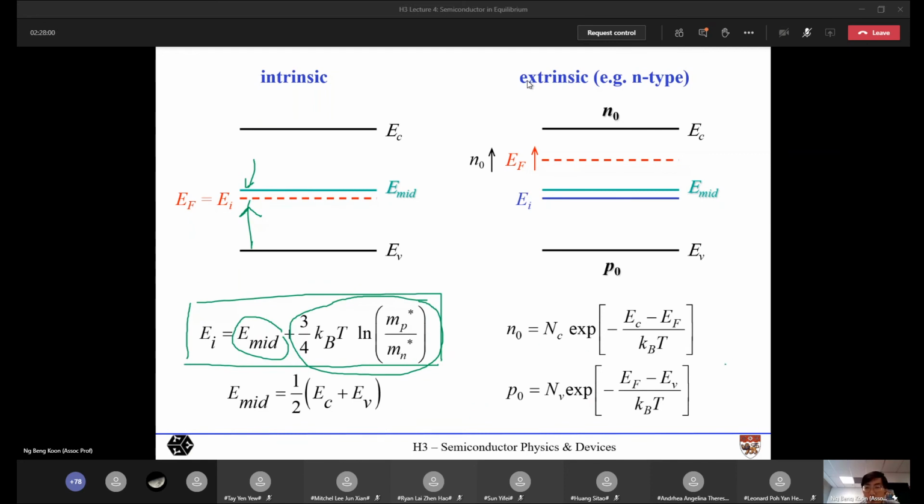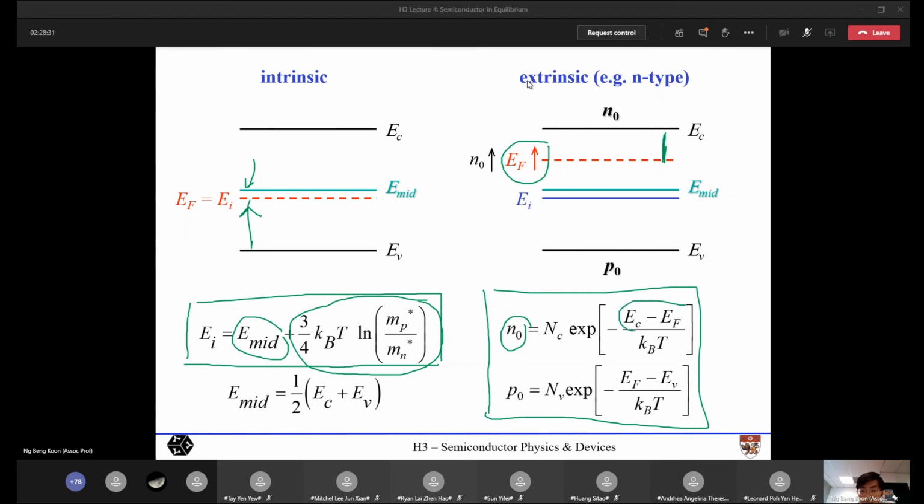With the N0 and P0 equations, these two here, we can also see how the Fermi level would affect N0. The position of the Fermi level will affect N0. So we consider a case where the Fermi level increases in value. If you look at the N0 equation, if the EF increases, that means it goes closer to the conduction band edge.